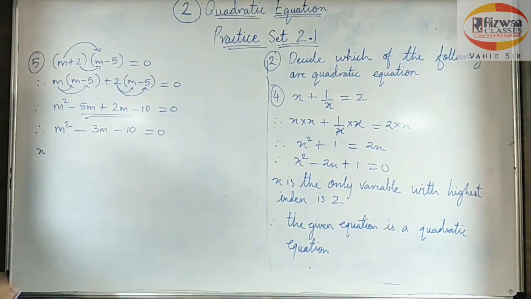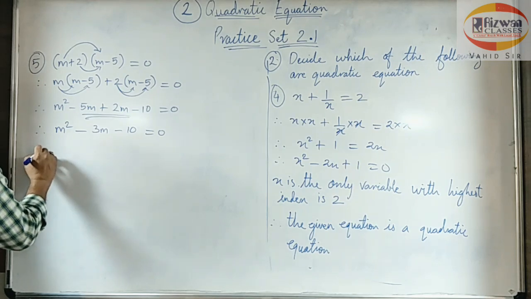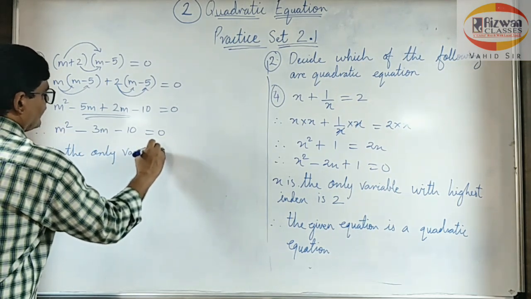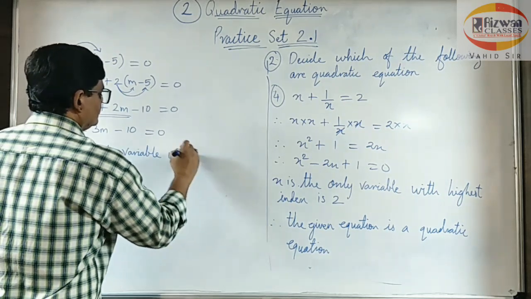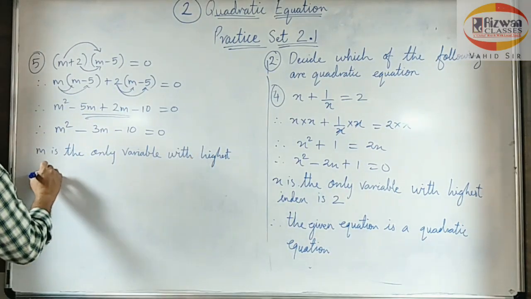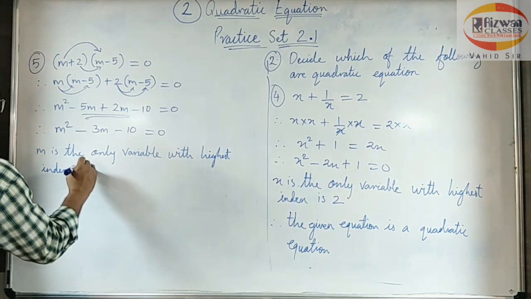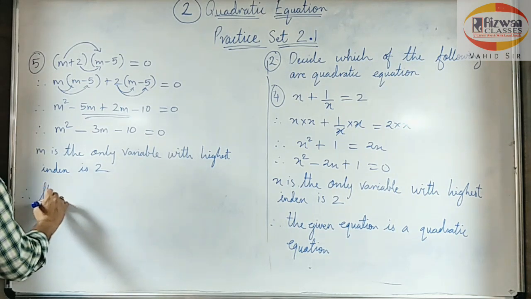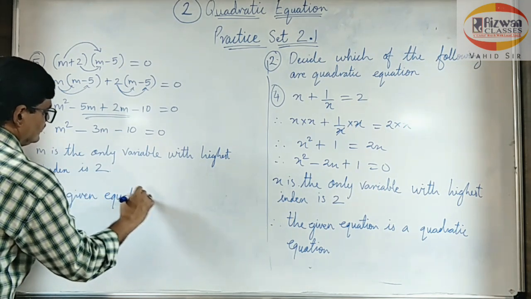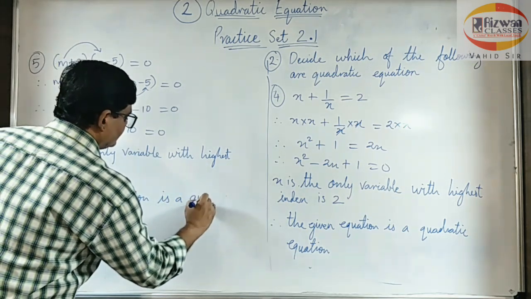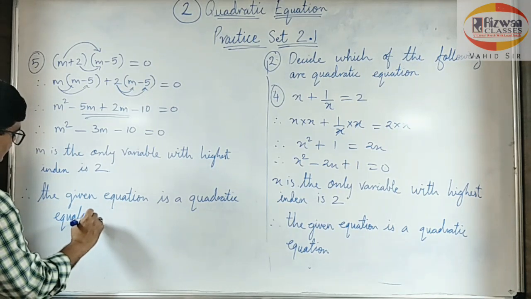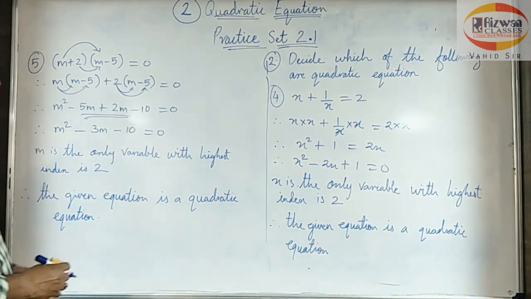So I have to write it here: m is the only variable with highest index 2. Therefore, the given equation is a quadratic equation, and that is how we finish question number 5.